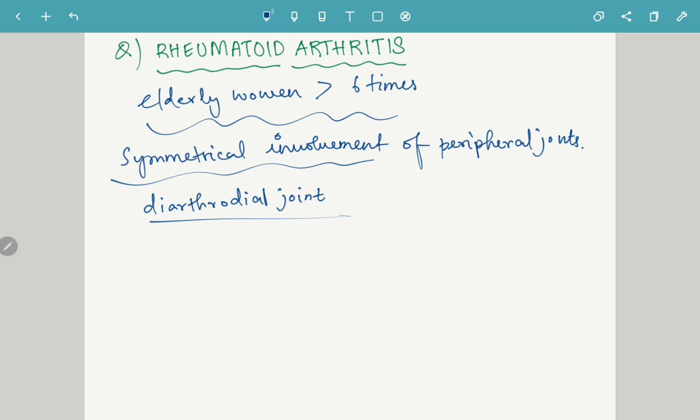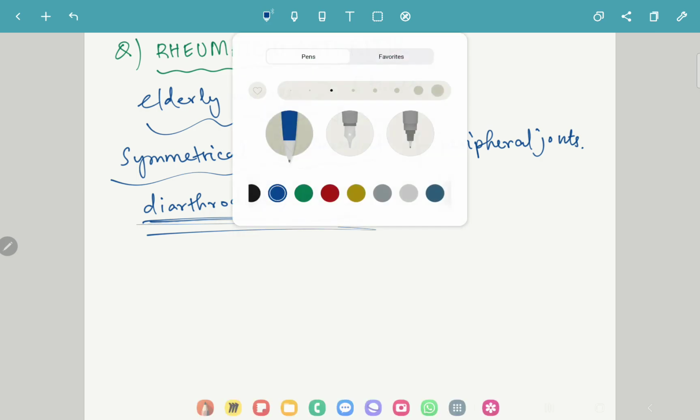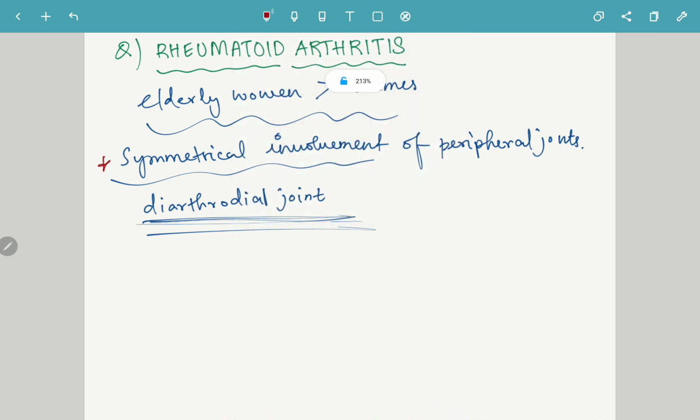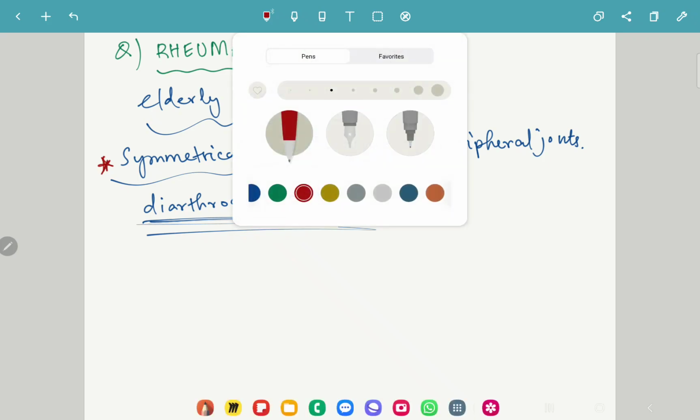So in this disease, any diarthrodial, synovial, or movable joint can be affected, leading to a symmetrical arthritis. Remember, this disease is always symmetrical.